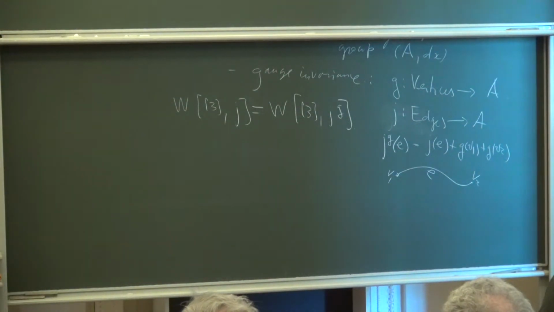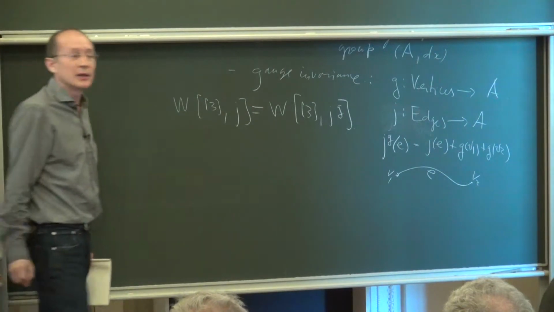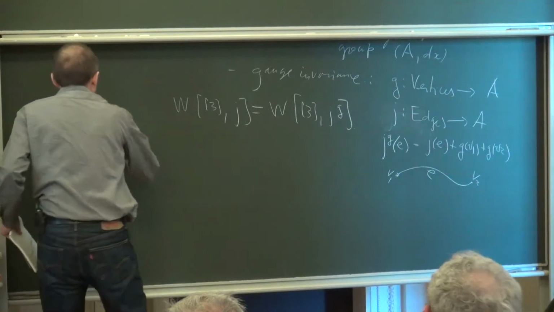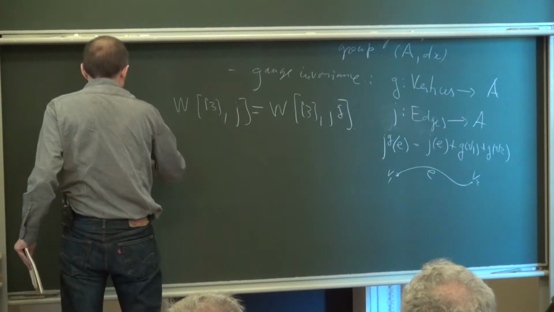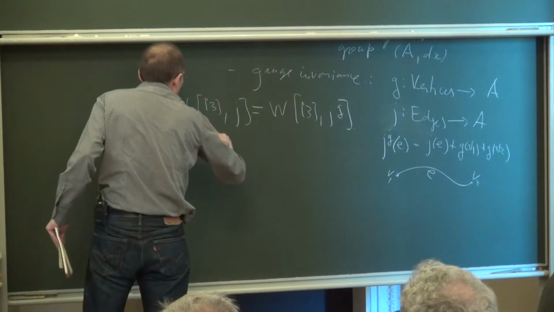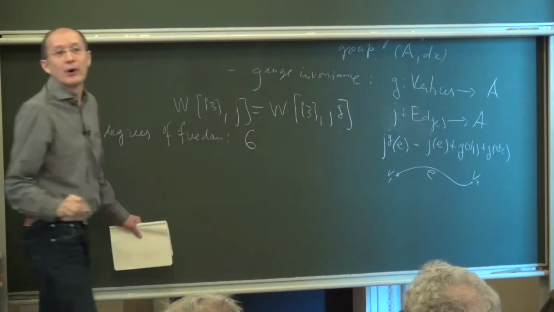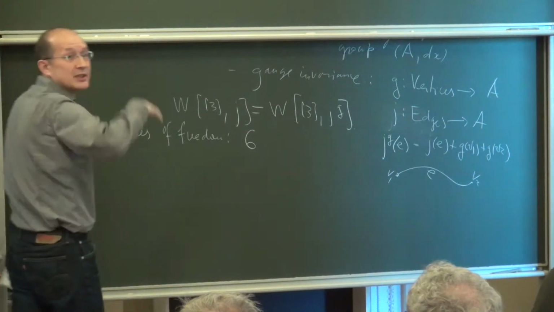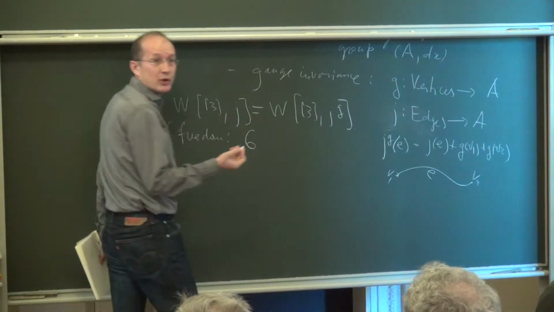And this simplifies the situation drastically. So instead of 6 j symbols, we have a few degrees of freedom. So we had 6 before, but we impose 4. We declare 4 degrees of freedom at 4 vertices spurious.